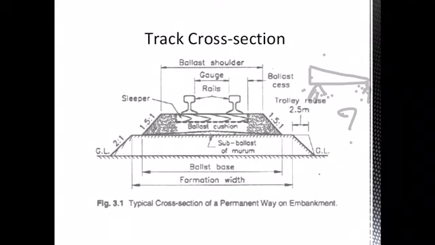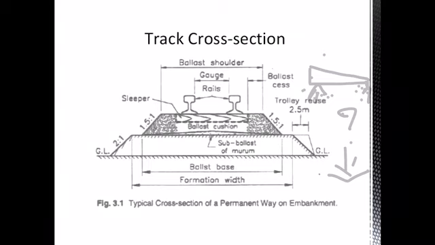The permanent way is also regarded as a semi-elastic material. Why do we call it semi-elastic? Under the application of the wheel load, it will deflect and it will come back to the original position once the load is removed.